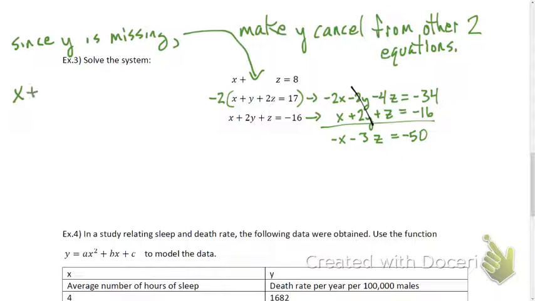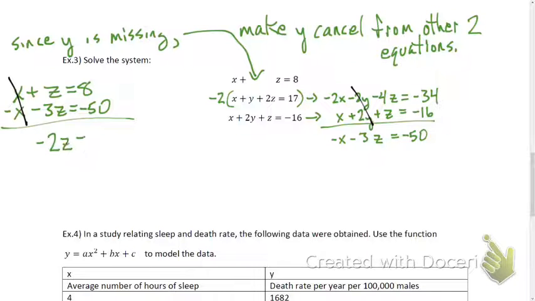So here's the first equation. Here's my new equation. And when I combine these, I lose the x's. And z is 21. Now, if we plug that number into the original first equation, I can get x.